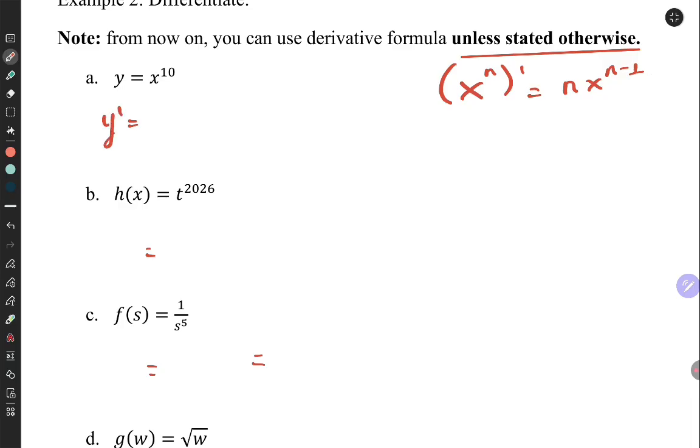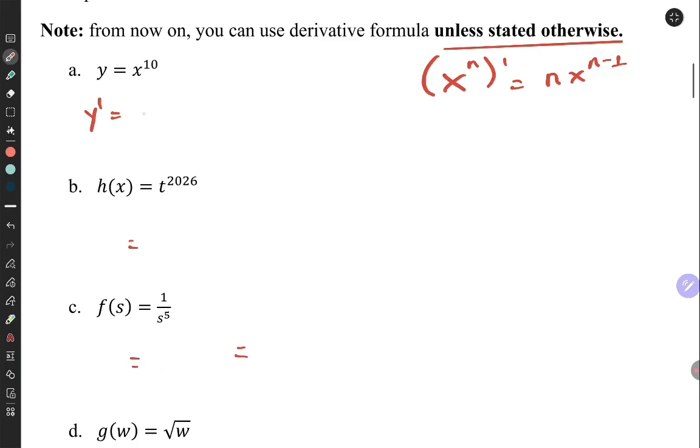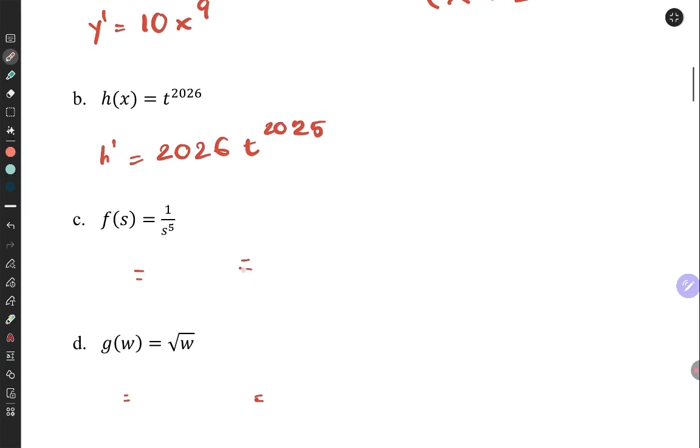So y prime, in this case is 10, right? Clearly. 10 minus 1? 9. Okay.